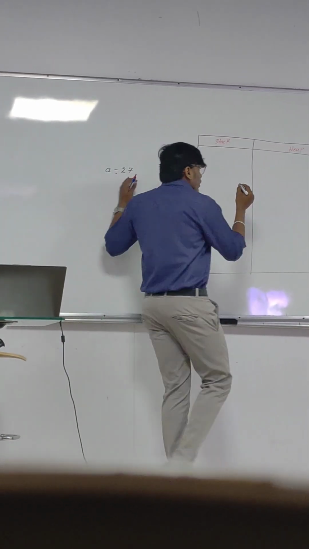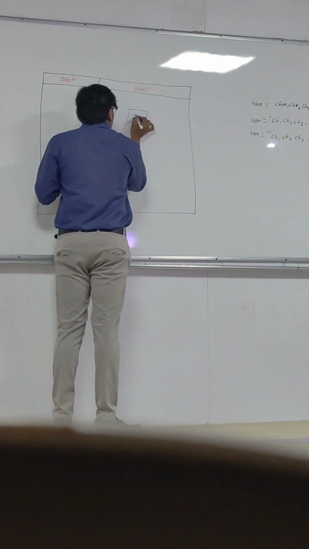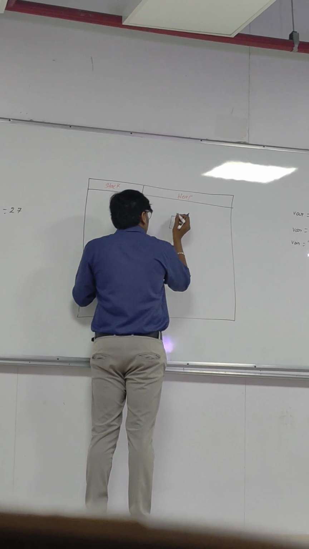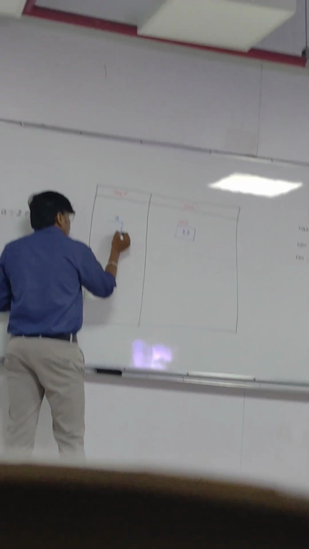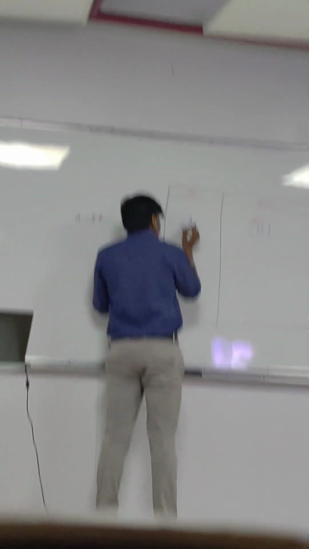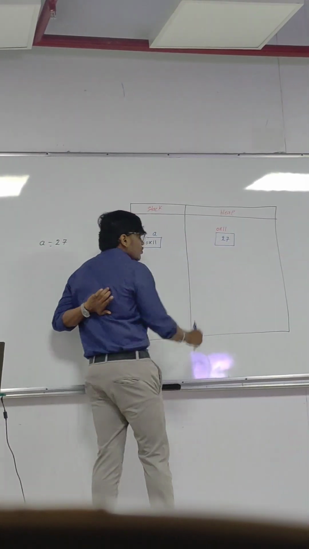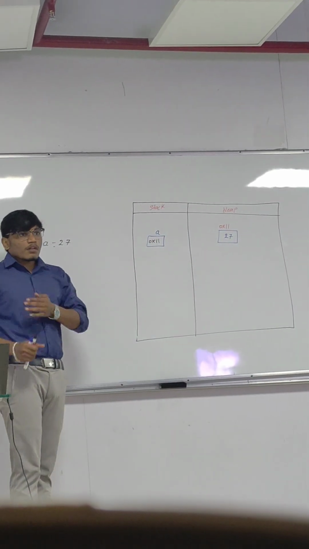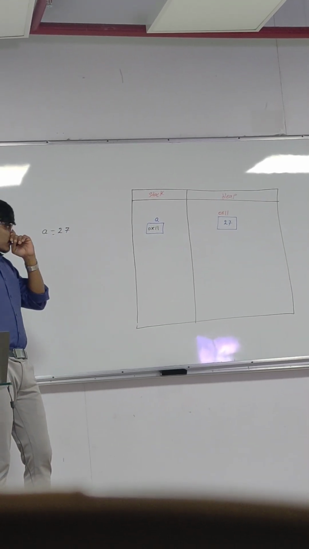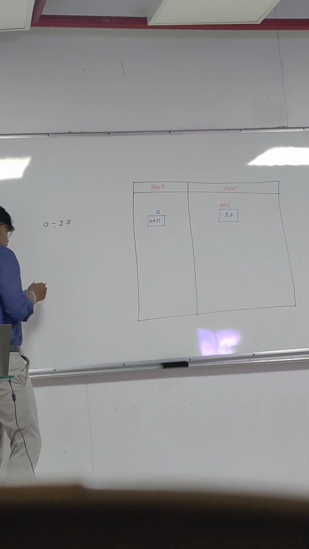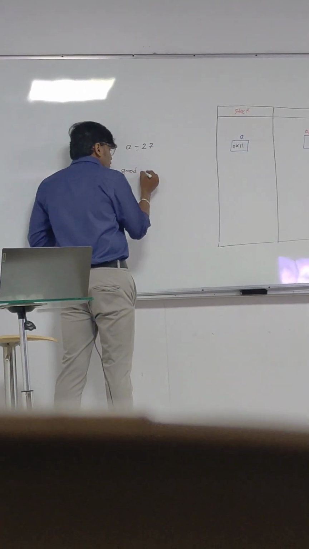There will be a block of memory, and the 27 will be stored in that block. That memory block has an address, and that address is given to the variable name A. So A contains that address. Into one memory block, we can store only one value, or one element, not more than that. But if I store A is equal to good morning.